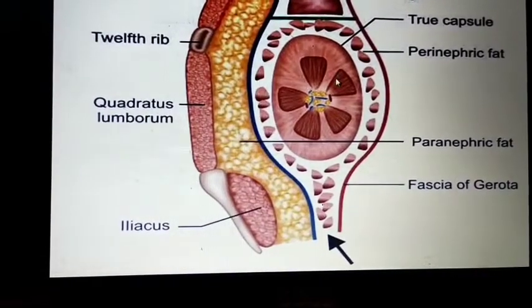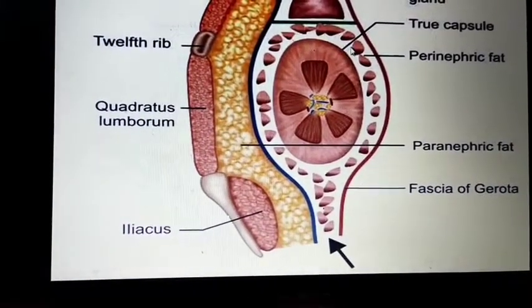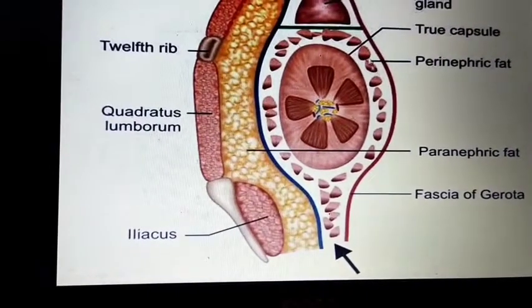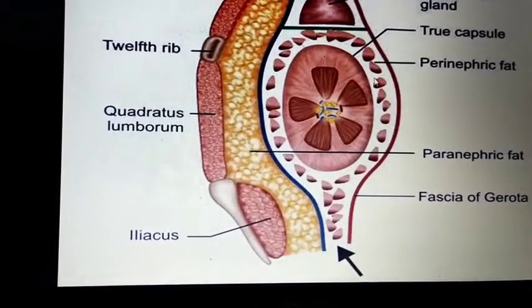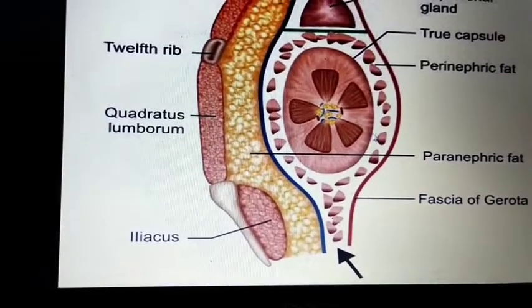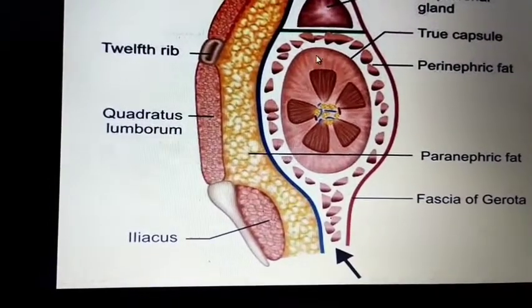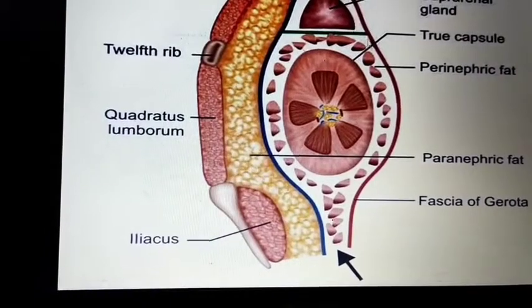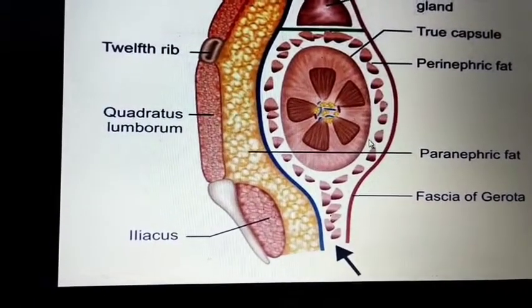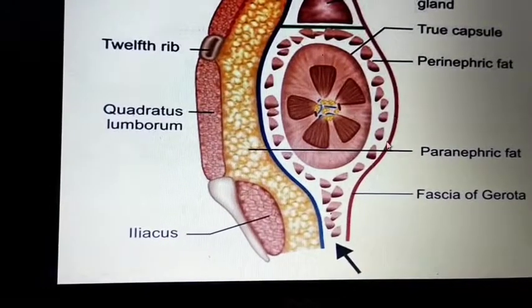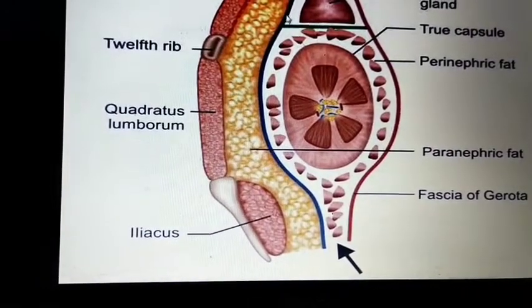Just above the true capsule you can see fat. This fat is called perinephric fat or perirenal fat. Just above that there is one fascia, the fascia of Gerota or renal fascia.